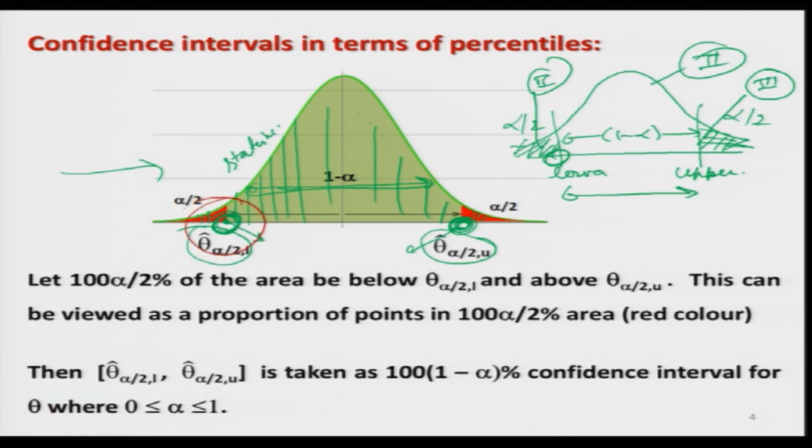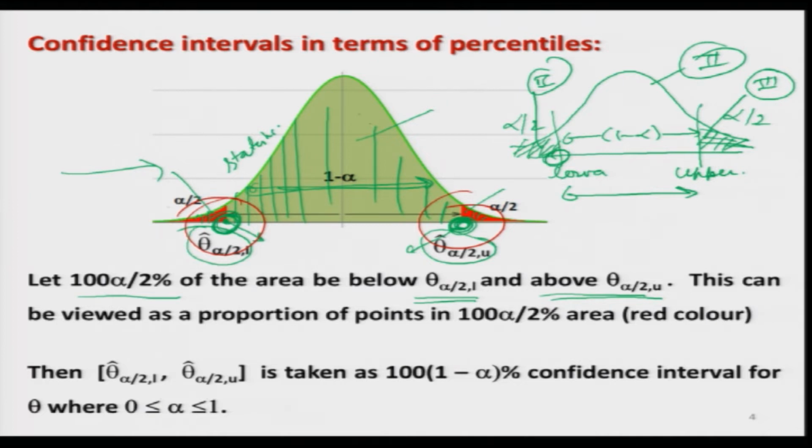There are 100 alpha by 2 percent of values below theta alpha by 2 lower and above theta alpha by 2 upper. That means the proportion of values in the red zone is alpha by 2, and the proportion of points in the green zone is 1 minus alpha.